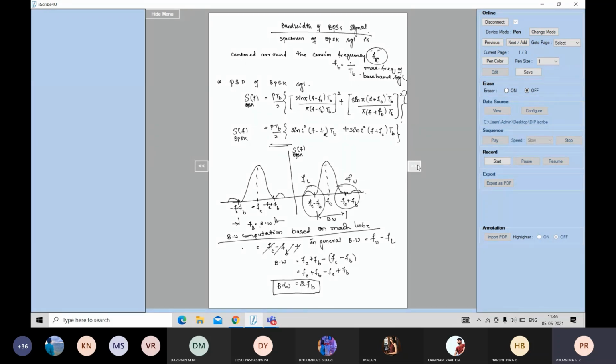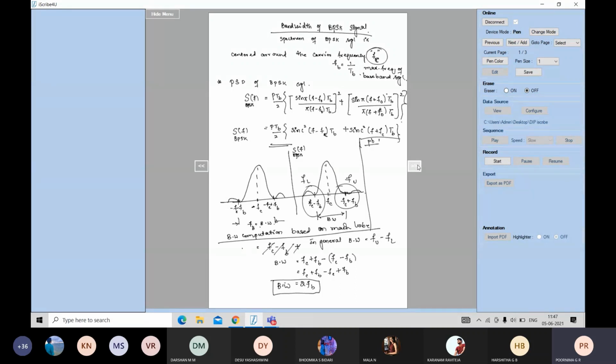Now let us take a simple problem. Determine the minimum bandwidth for a BPSK modulator with a carrier frequency of 40 MHz and an input bit rate of 500 kilobits per second. This is a small problem based on what we discussed so far.